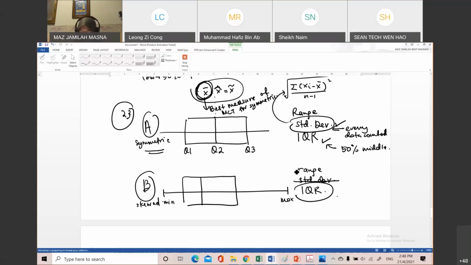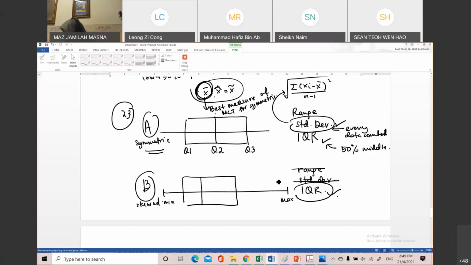So range will be no longer good to represent the distribution of your data. So if you have skewed data, yes, IQR will be applicable, and it will not be affected by the data inside your data set. Okay, I hope everyone understood.